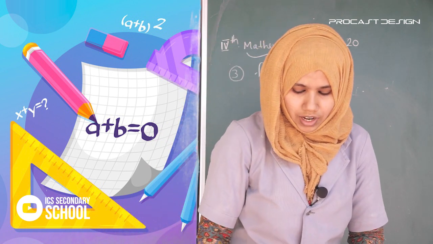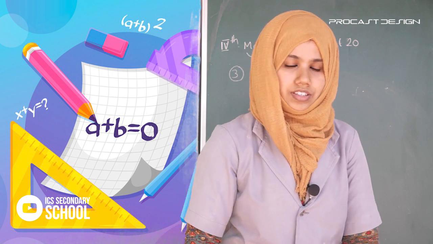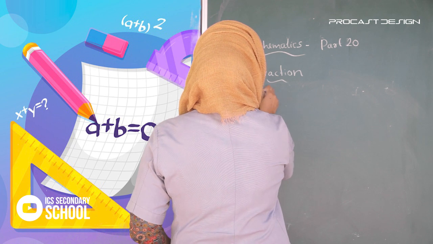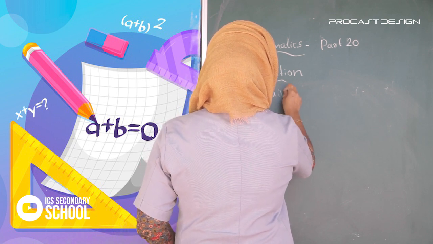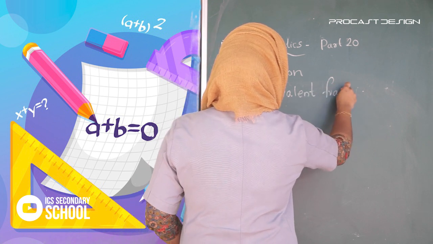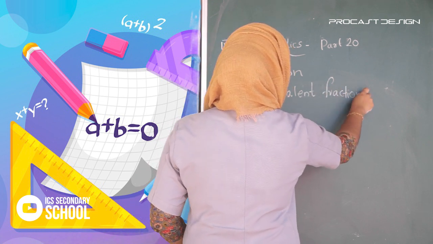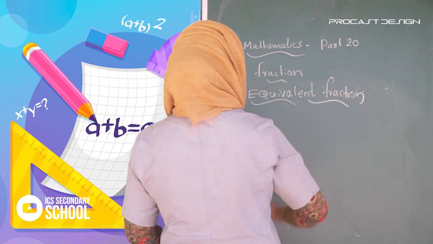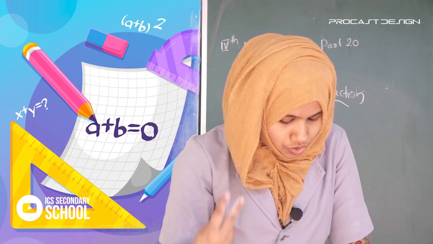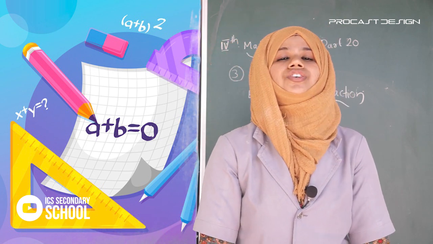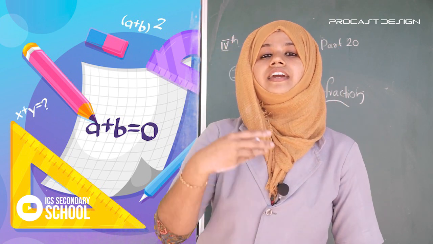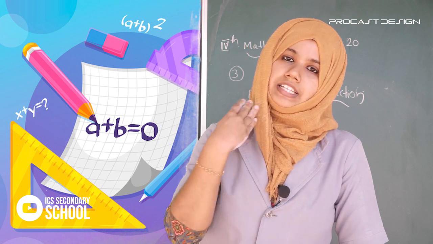Okay, next one is equivalent fraction. So equivalent fraction, to find a fraction equivalent to a given fraction, multiply the numerator and denominator by the same number.